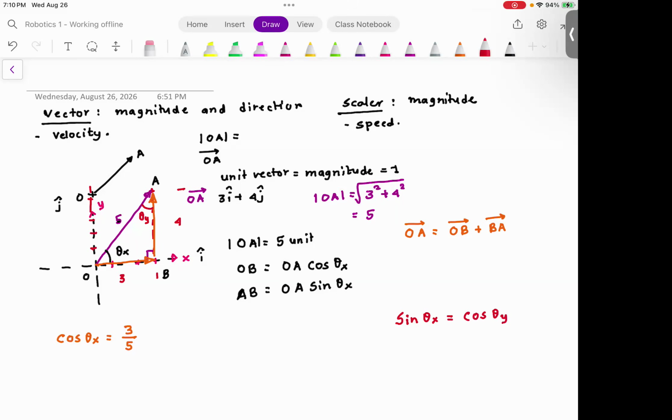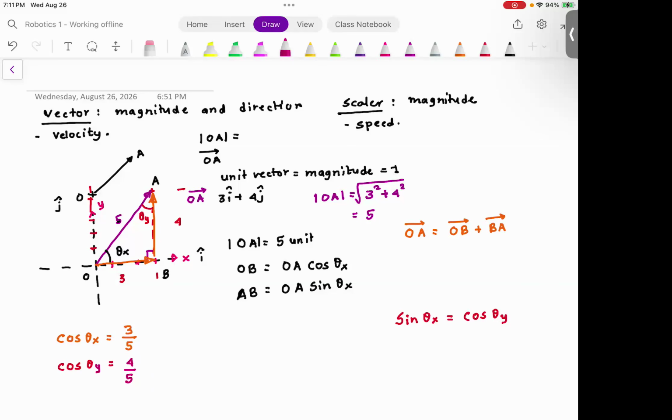Do you agree with me? I can also write this down as cosine theta y is equal to 4 by 5. Do you agree with me?